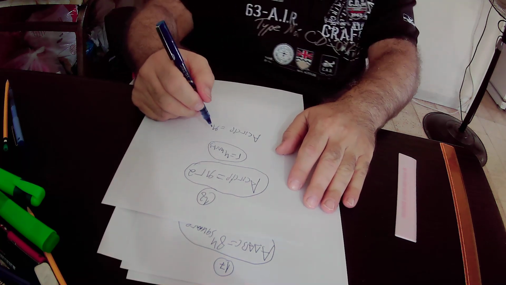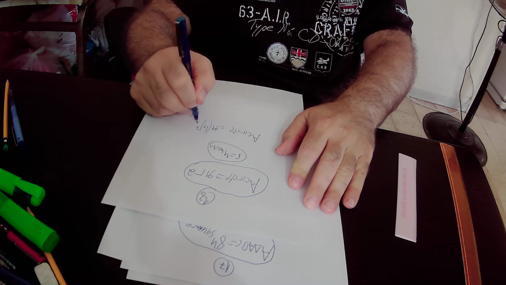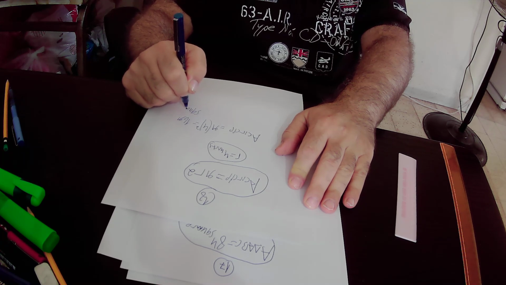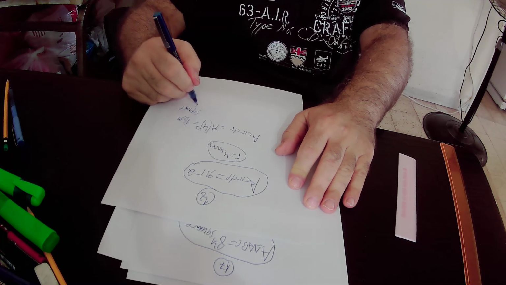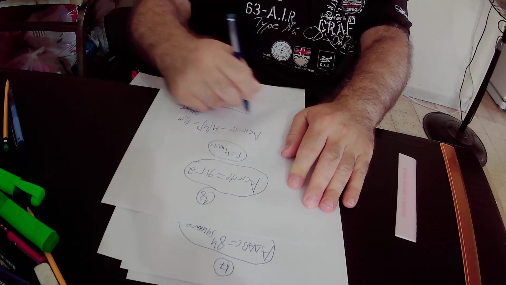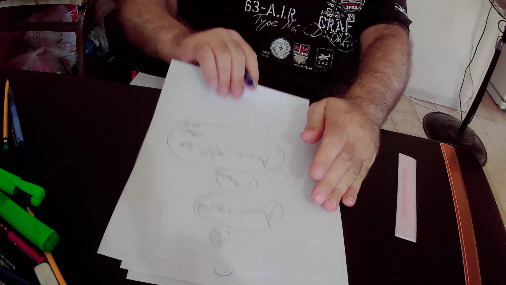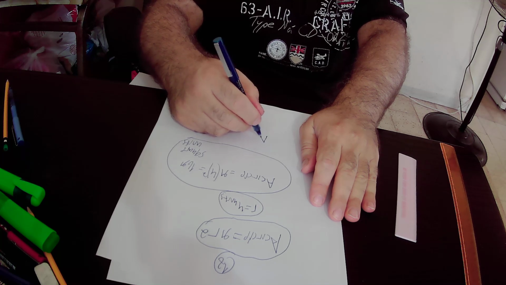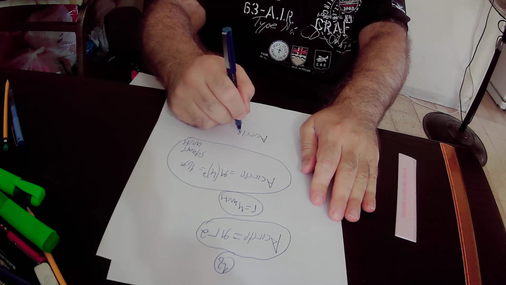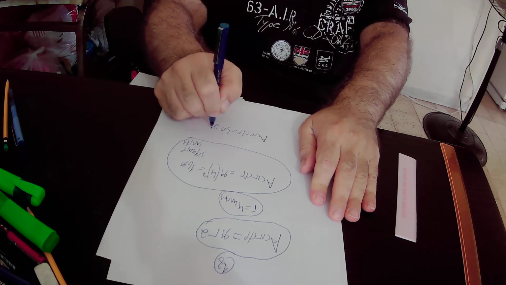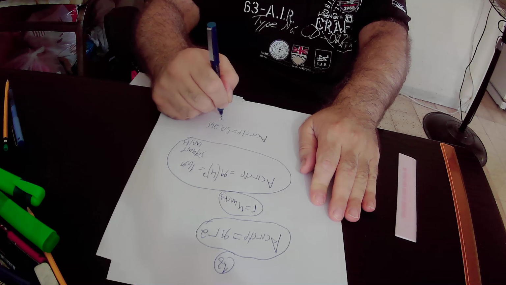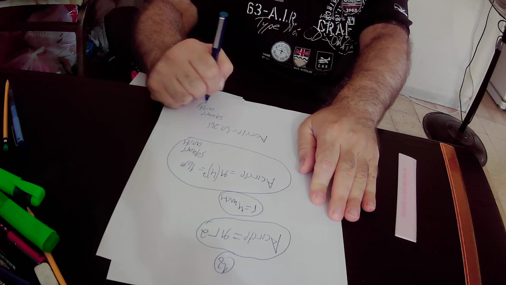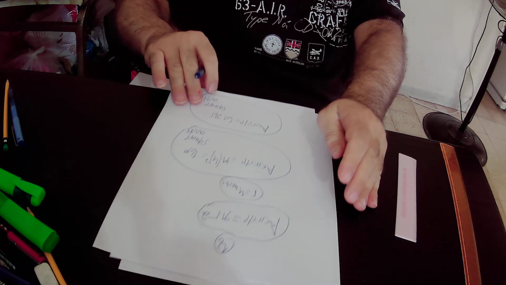R is 4, so pi times 4 squared equals 16 pi square units, or the area of the green circle in terms of numbers equals 50.265 square units. Okay, so I will repeat again.